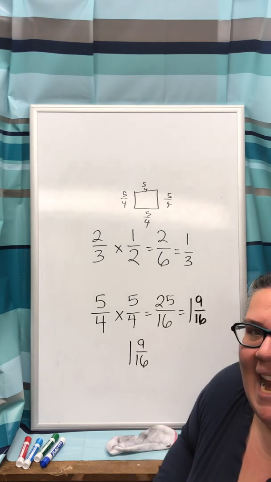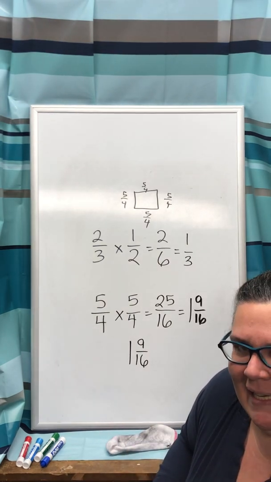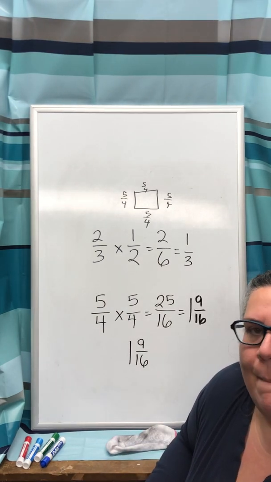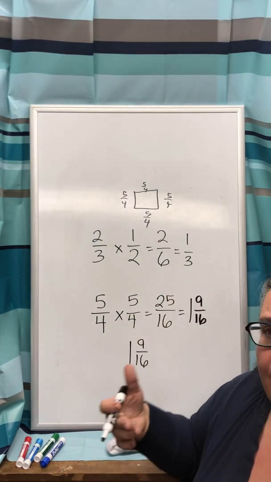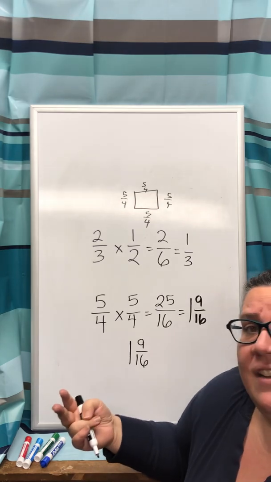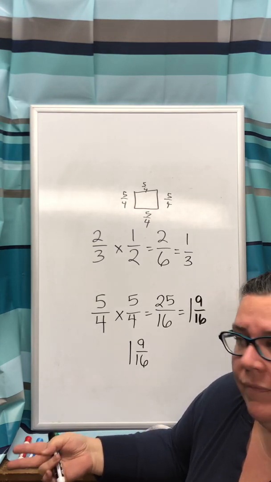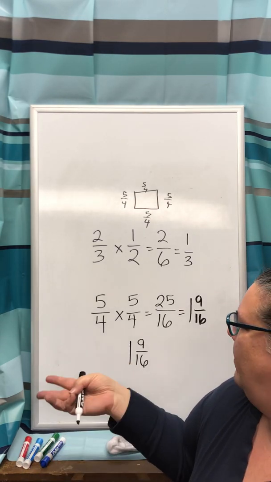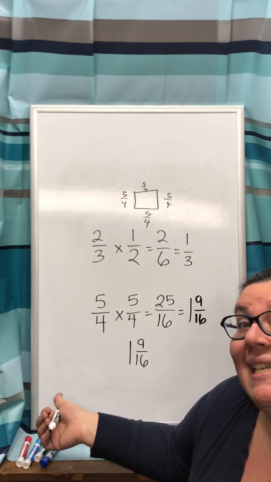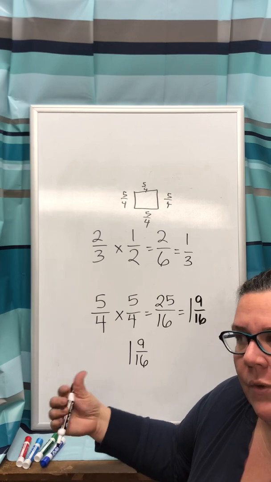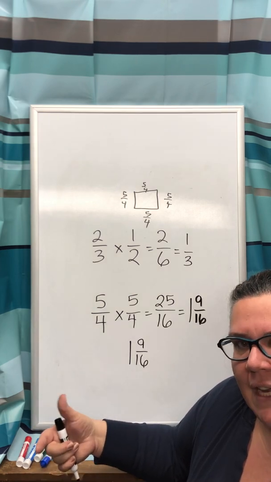The last thing I want to ask myself is, can I take 9 and 16 and divide them by some number? So if I'm not sure, I'm going to start with, I know I can't divide 9 by 2, so that's not possible. 3, I know I can do 9 divided by 3. Can I do 16 divided by 3? So I know 5 times 3 is 15.